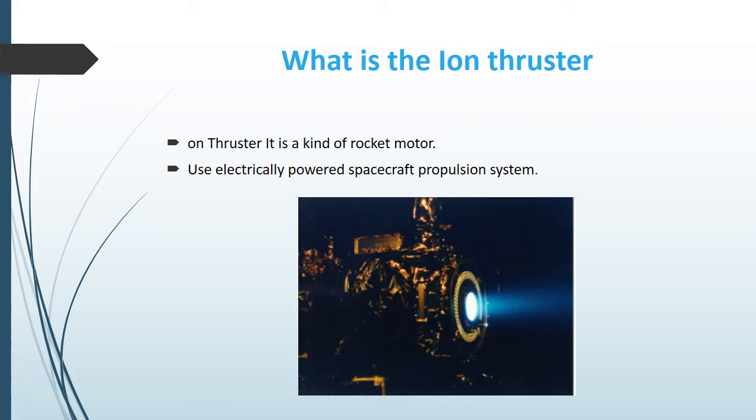These thrusters have high specific impulse, the ratio of thrust to the rate of propellant consumption, so they require significantly less propellant for a given mission than would be needed with chemical propulsion. Ion propulsion is even considered mission enabling for some cases where sufficient chemical propellant cannot be carried on the spacecraft to accomplish the desired mission.